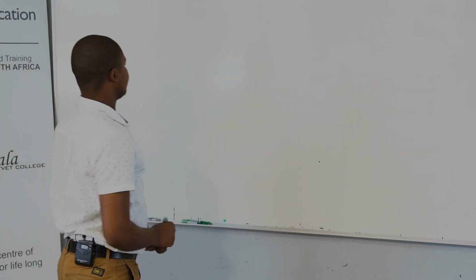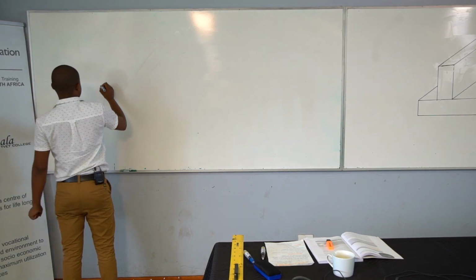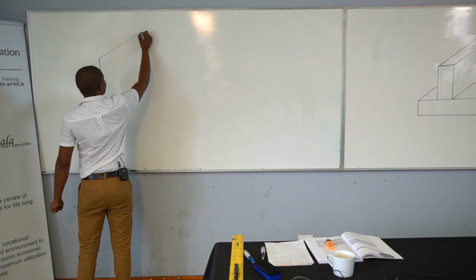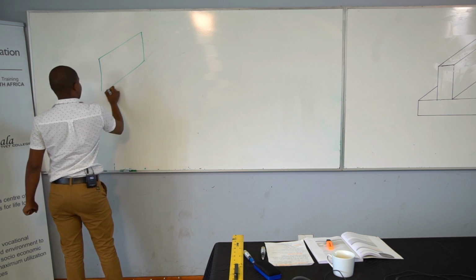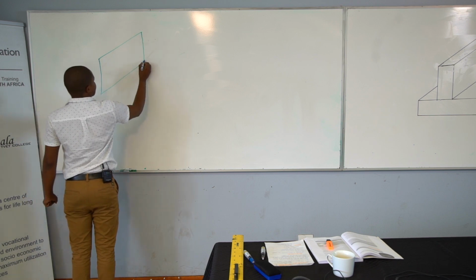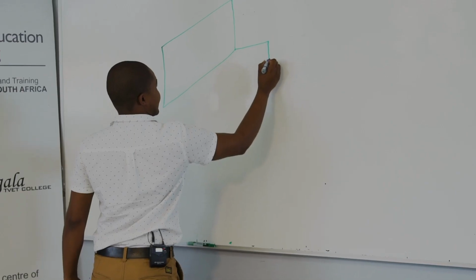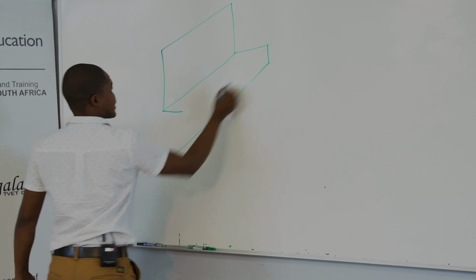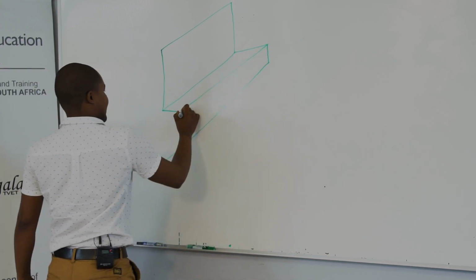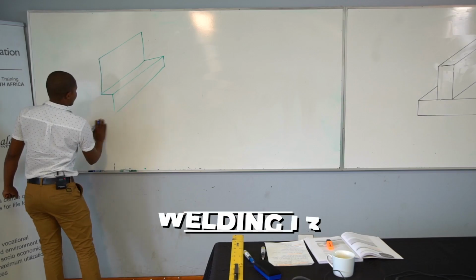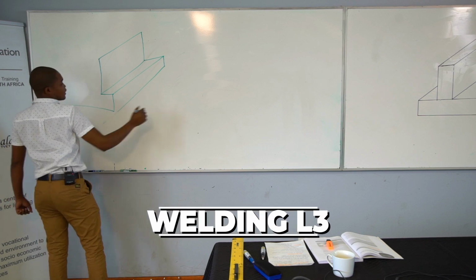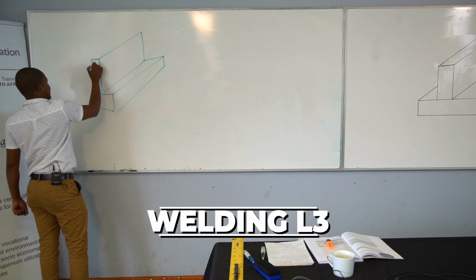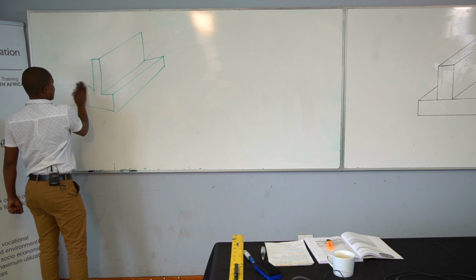So now, what I'm going to do is this one. The fillet joint is a joint that is in the form of a T. Now, we've got the best sketch on that side that I've already prepared, and we can look at it as well.